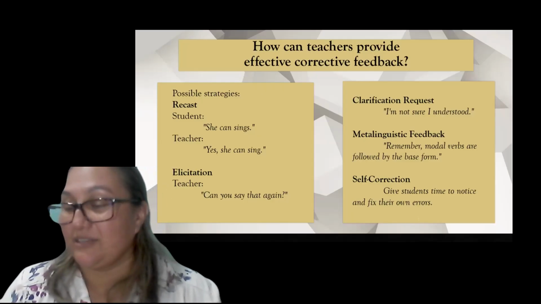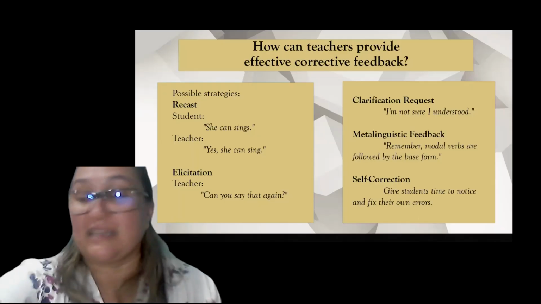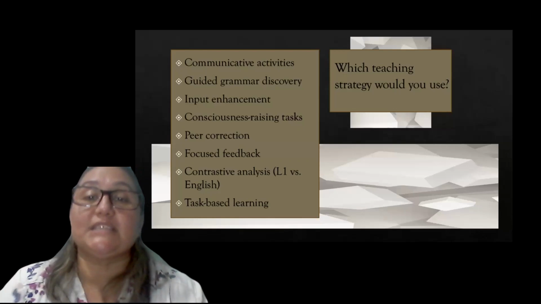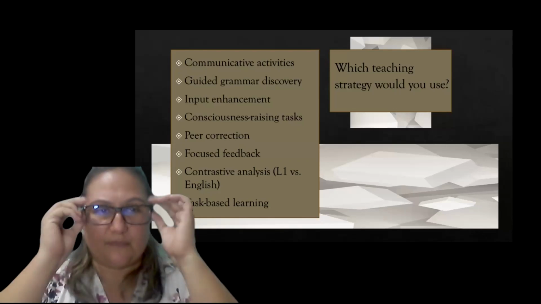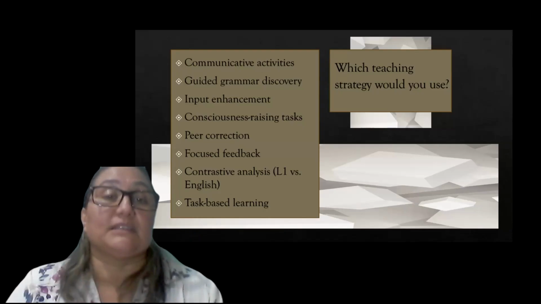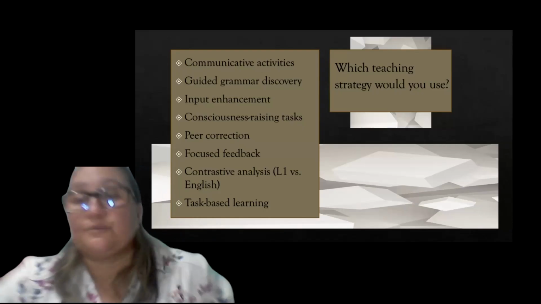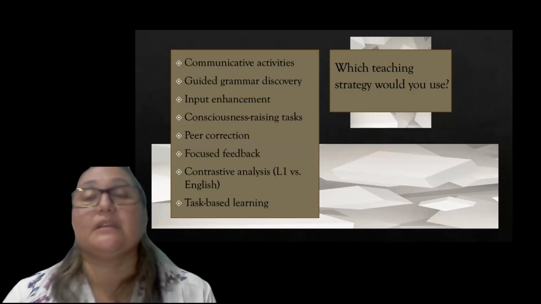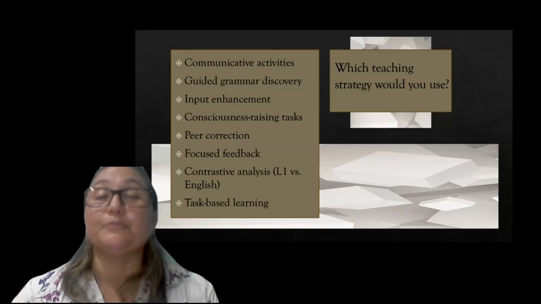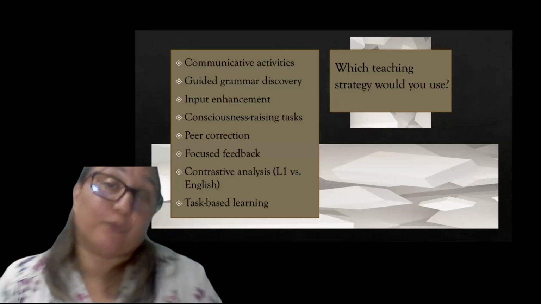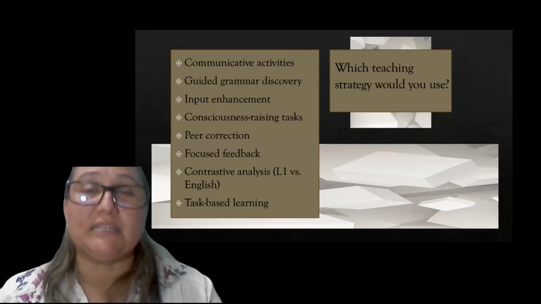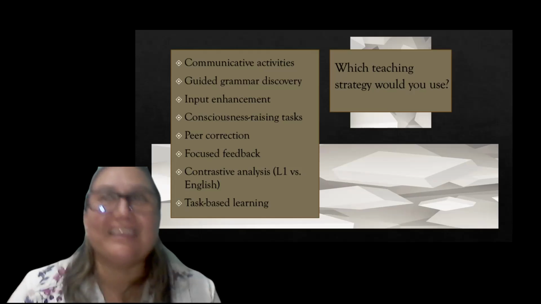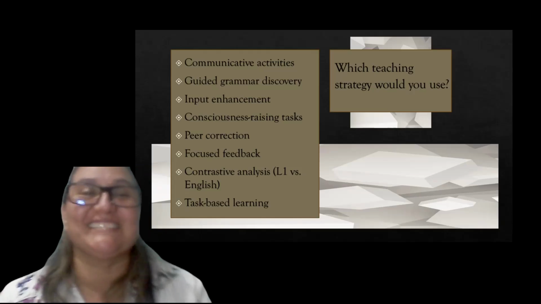Okay? So this is an idea how this can happen. And let's continue. Which teaching strategy will you use? Community activity. Okay, these are some strategies we can use to correct some mistakes. But always remember, we have to be nice and very careful in the way we apply this, so students don't feel intimidated or feel bad, thinking, oh, I can't do it, I say it wrong.